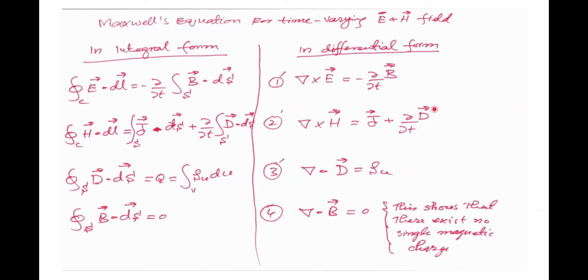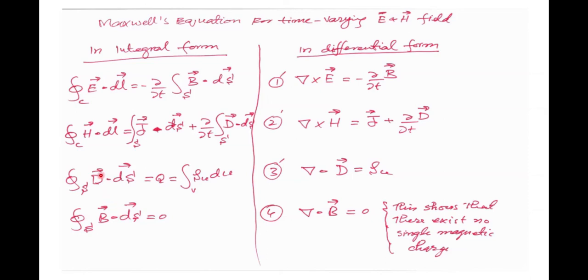In differential form, you can write Ampere's law in this form, and the remaining two relations are Gauss's law for the electric field and Gauss's law for the magnetic field.